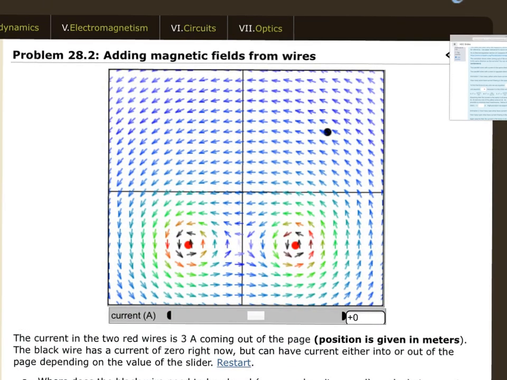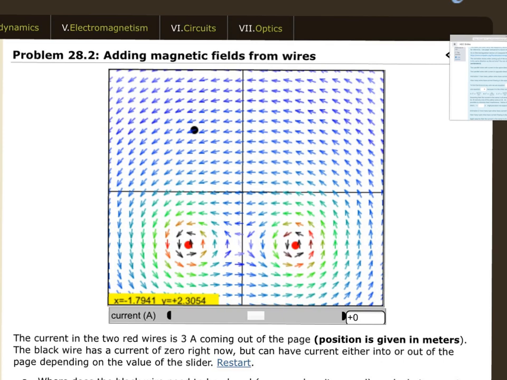So exercise 2, we have 2 wires that are red with the fields shown coming out of the page, right-hand rule number 2, and we have a 3rd wire, a black wire, which we can move around. And the yellow numbers give us the position of the wire.